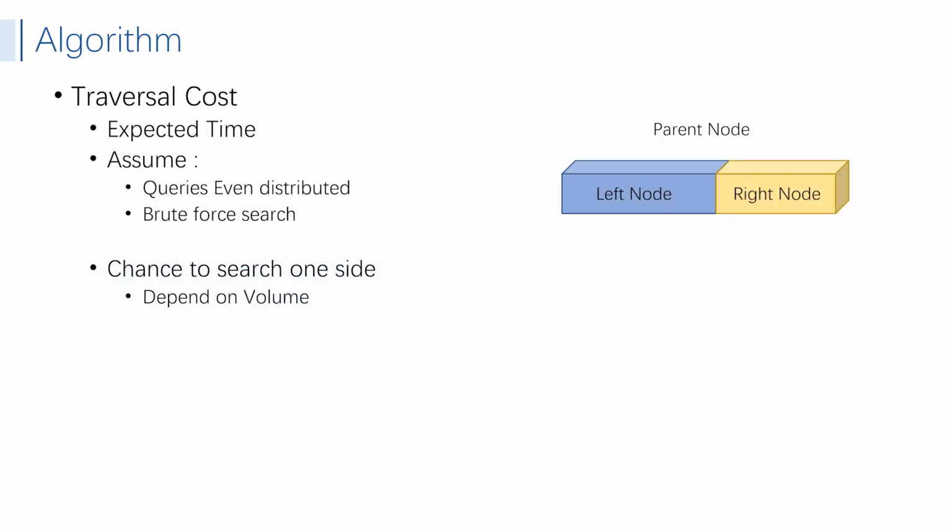For traversal cost, before we calculate the expected search time, we first assume queries are evenly distributed. Thus, the chance to search one side depends on the volume of its node, unlike SAH, which uses surface areas to compute the expected search time. Besides, each node is described by an AABB, so the volume of a node is easy to compute.